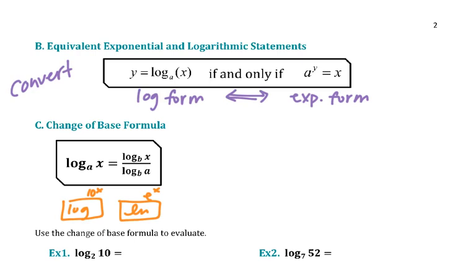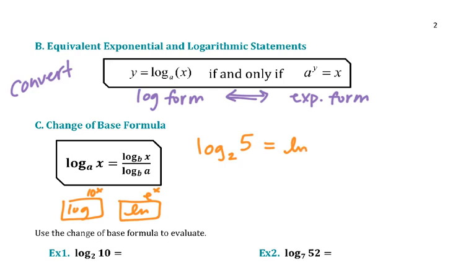So in this situation, an example of this might be if I had log base 2 of 5. I can't figure this out on my own. I'm not sure how to do it by hand. So what I can do is I can take the common log or the natural log of that argument over the base.